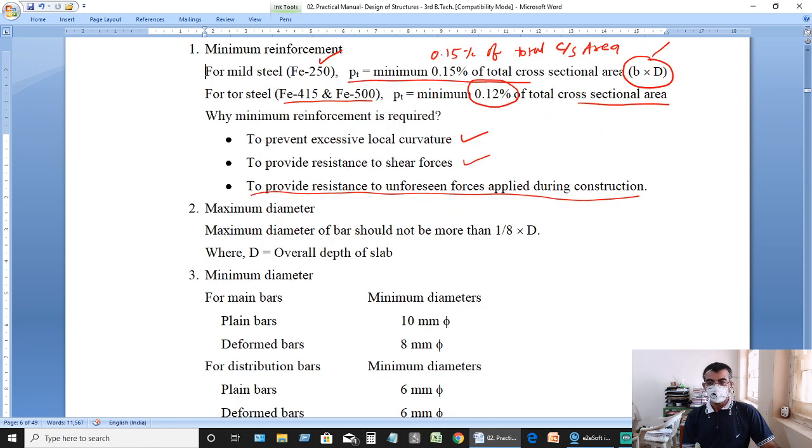Then the maximum diameter of bar should not be more than 1/8 of the overall depth of the slab.